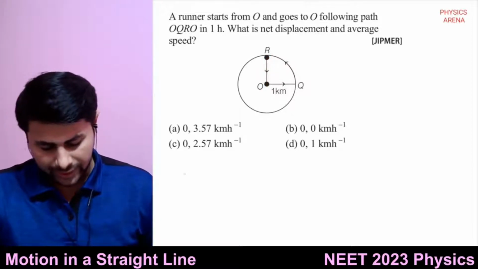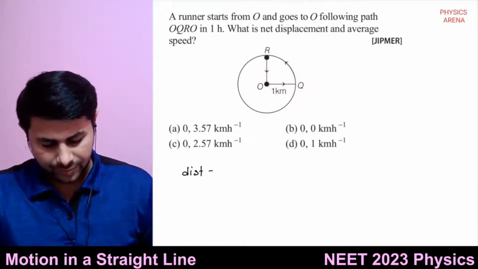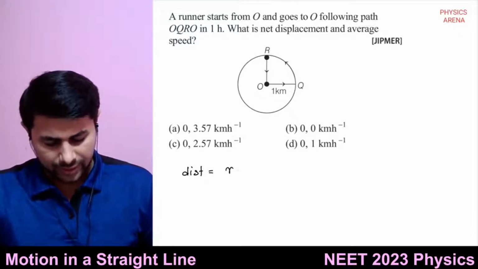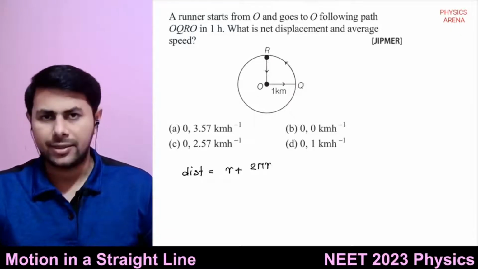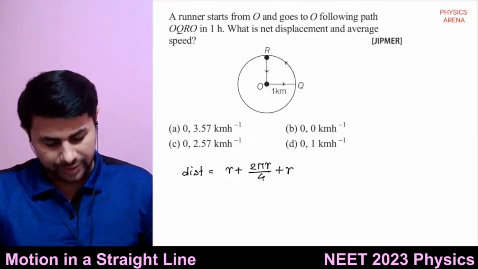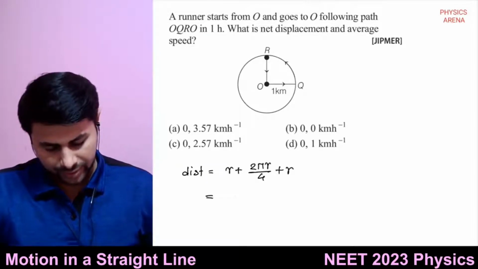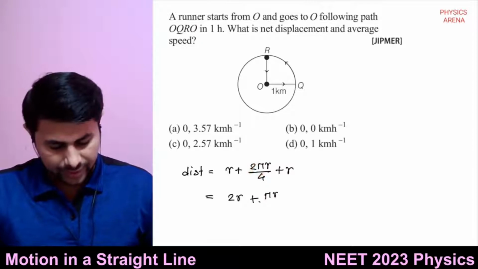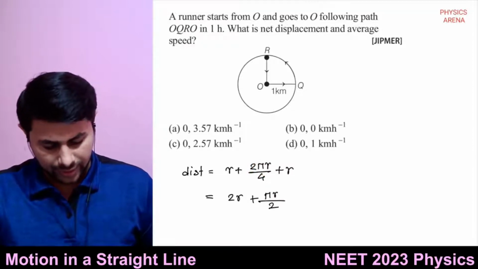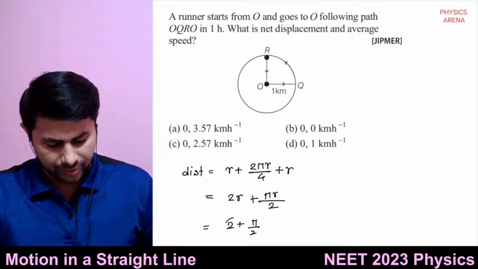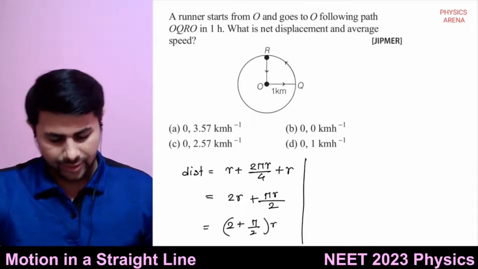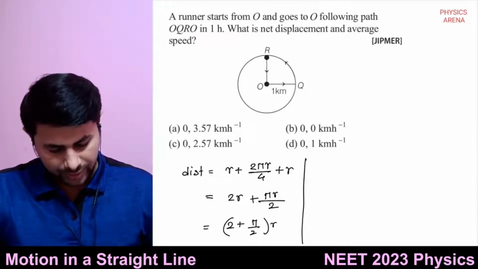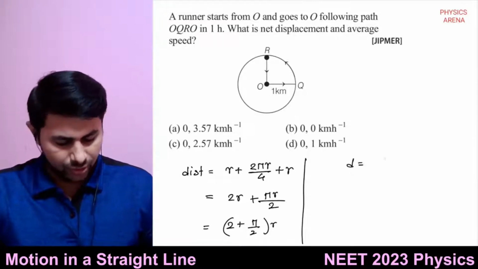So I can say the distance covered is equal to r plus 2 pi r divided by 4 plus r. So that's equal to 2r plus pi r divided by 2. So that's equal to 2 plus pi by 2 times r.